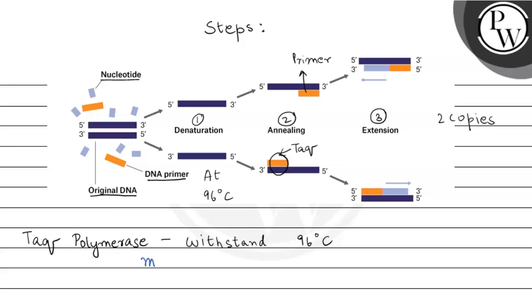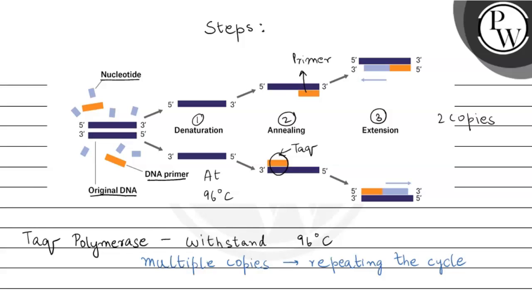So we get multiple copies by repeating the cycle. So this is how PCR reaction takes place.